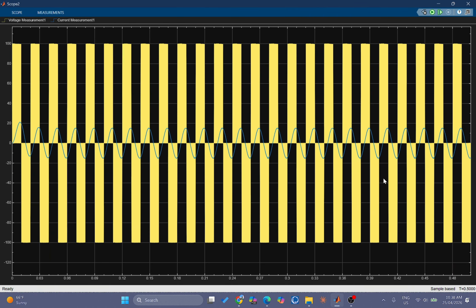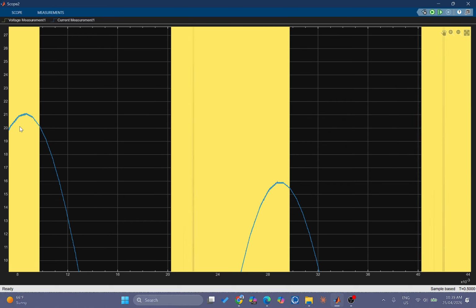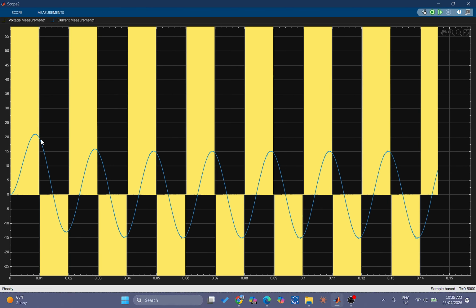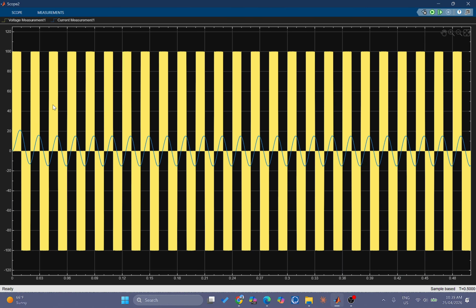Okay, let's see the raw waveform. Now you can see that the positive voltage I'm getting is 100 and negative 100. So amplitude is 100 volt. The blue waveform is a current waveform, so my current is approximately 21 point something, and I am giving an input of DC voltage of 100 volt.